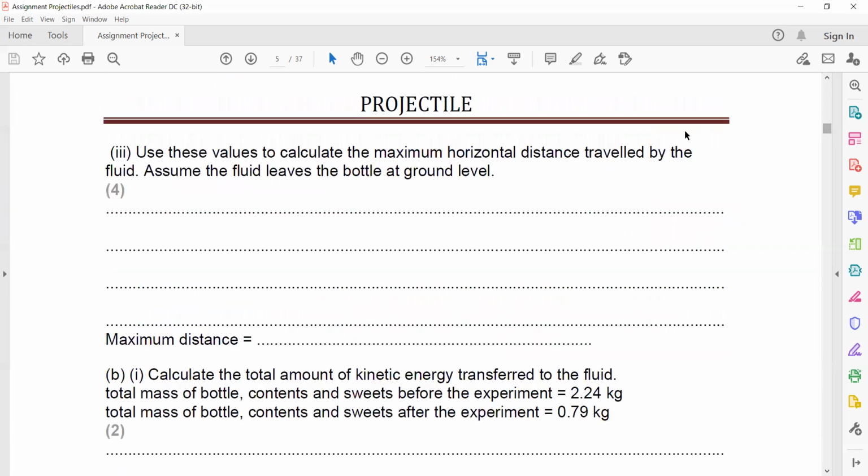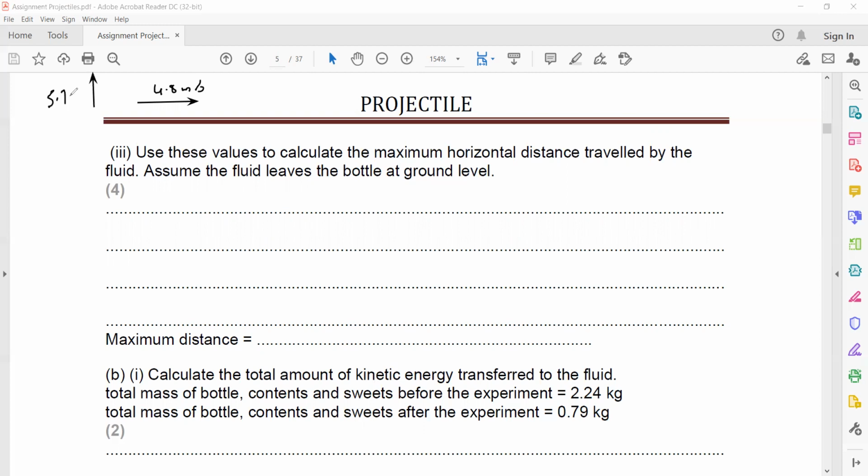The next part: use the value calculated for the maximum horizontal distance. Assume that the fluid leaves the bottle at ground level. So we have the horizontal component at which it is coming out, which was 4.8 meters per second, and we got the vertical component as well, 5.7 meters per second as it's coming out.